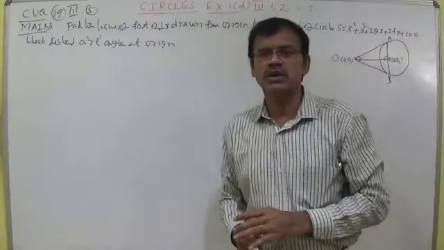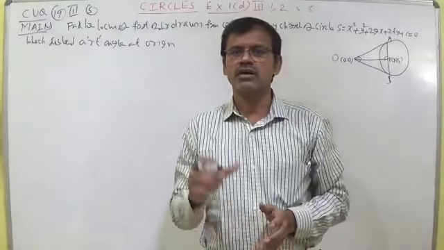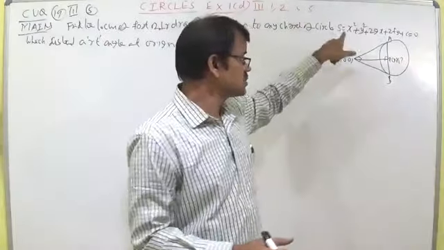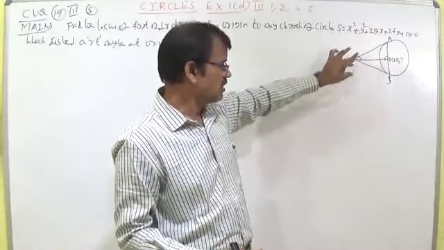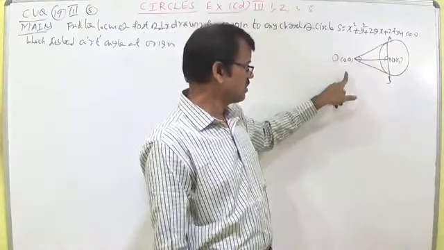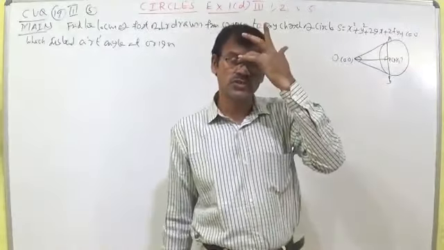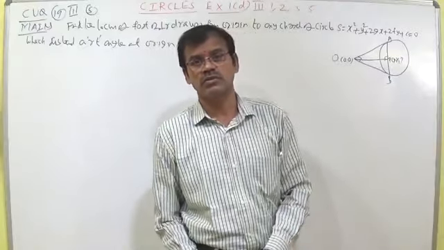Using slope of chord minus x1 by y1, you should calculate the equation of chord, and whatever chord you get, you should homogenize it because it is making an angle 90 degrees at the origin. The process of the lines joining the points of intersection to the origin is nothing but homogenization. After homogenization, you should calculate the coefficient of x square plus coefficient of y square equal to 0. Then you will be getting the answer.